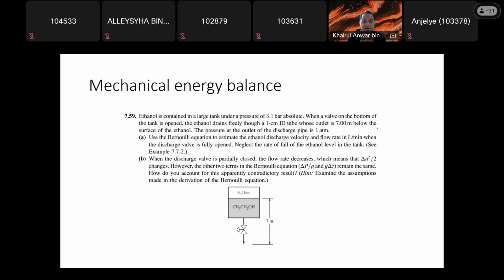Next, chemical energy. Ethanol is contained in a large tank.